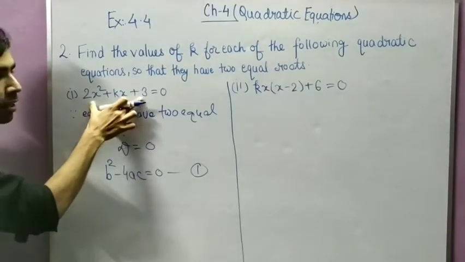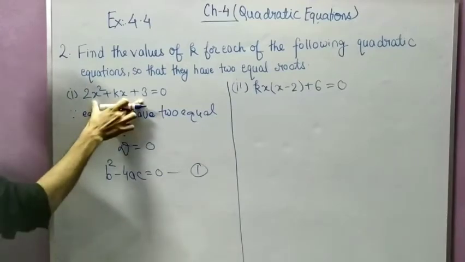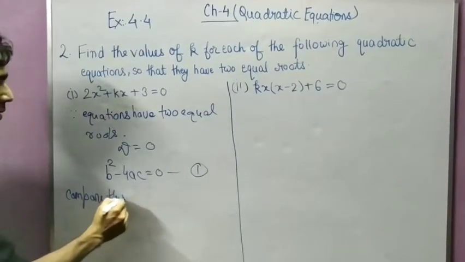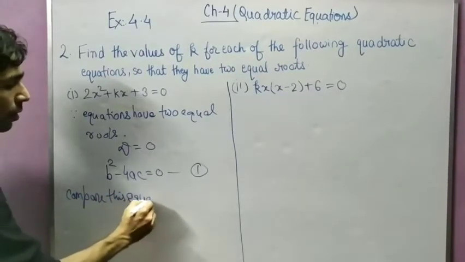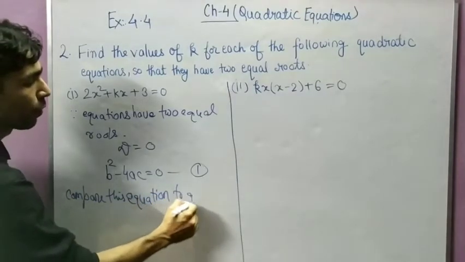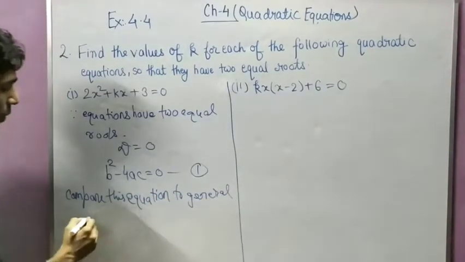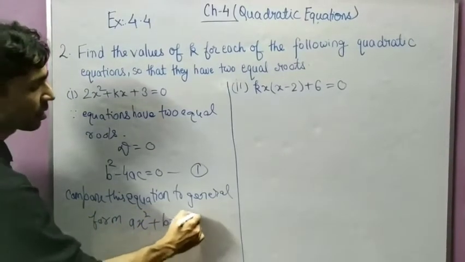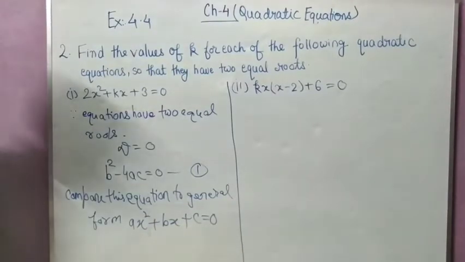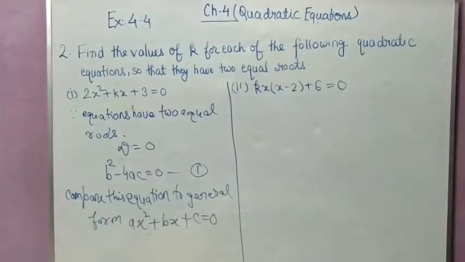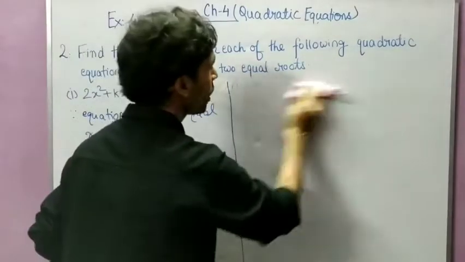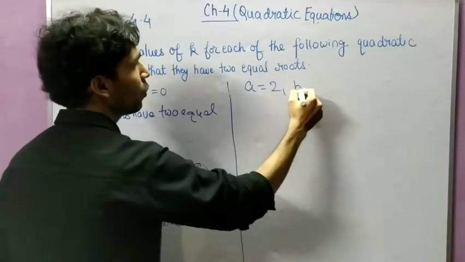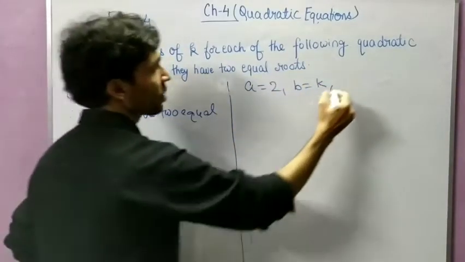When we compare this equation to the general form, that is ax square plus bx plus c equal to 0, this is the general form of any quadratic equation. So now you tell me, what will be the value of a? The value of a will be 2, the value of b will be k, and the value of c will be 3.